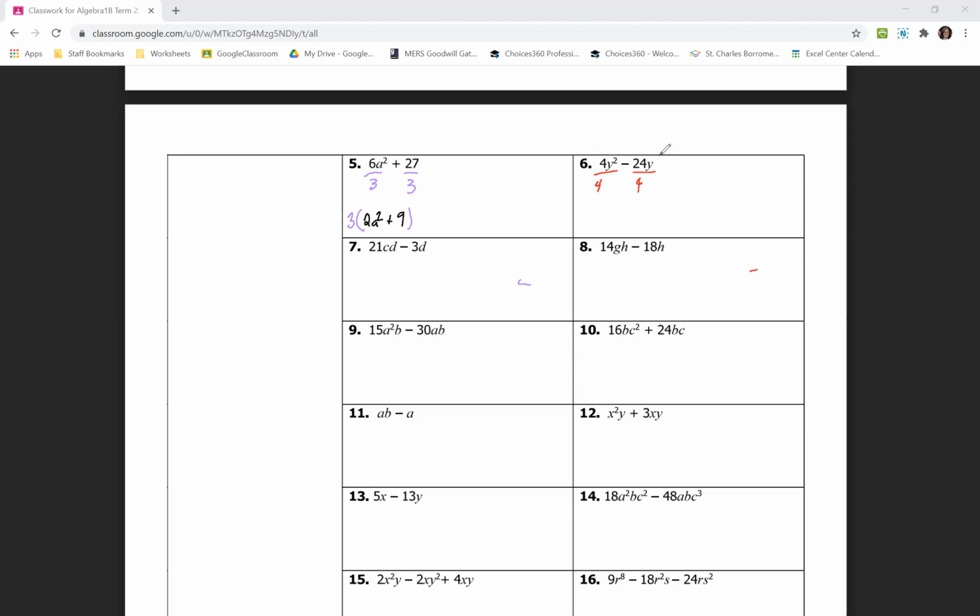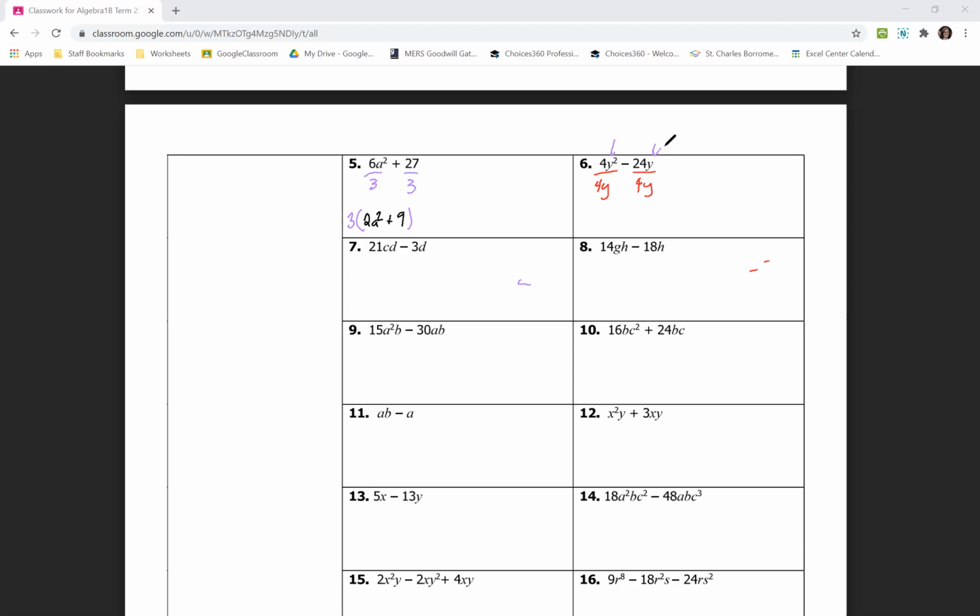If I'm looking at how many they have in common, this one has 2 factors and this one has 1. So they only have at most what the smaller one has. So there's a common factor of y. They each can give a single y.